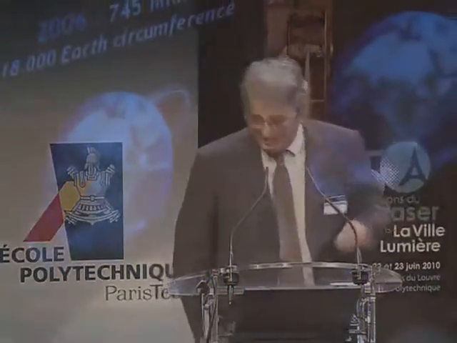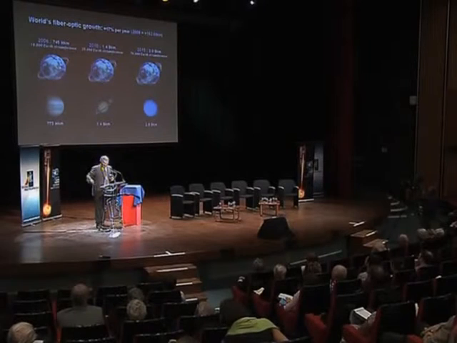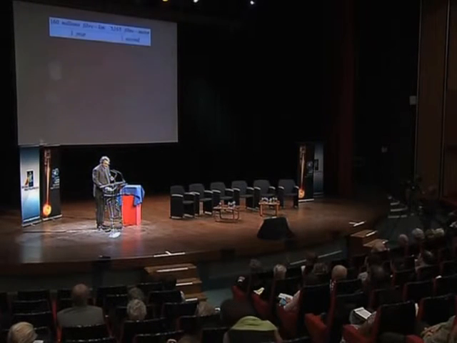Today, we have 1.5 billion kilometers. That's 35,000 times the circumference. That's the distance to Saturn. By the way, it looks like Saturn already has a fiber network, right? But it's not silica glass. And in 2015, we'll be about 3 billion kilometers at this growth rate. And that's the distance to Uranus. I don't know where we go after that from outside the solar system, but you've got the picture.